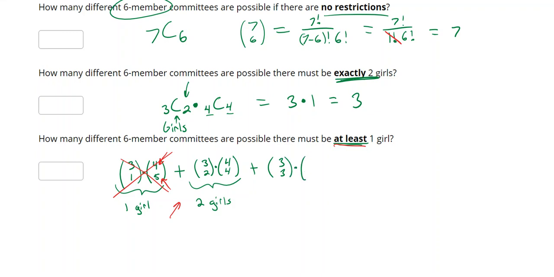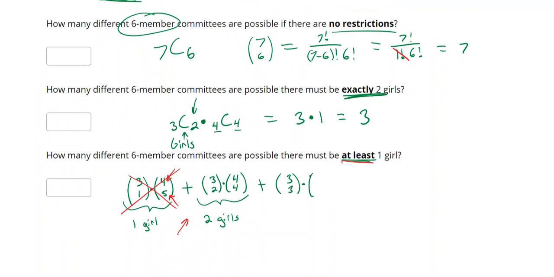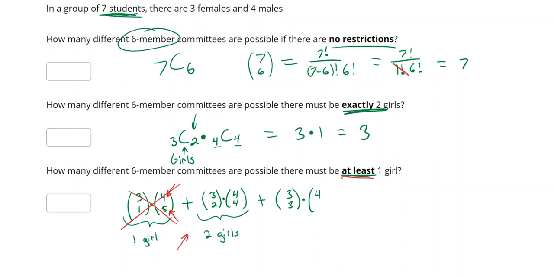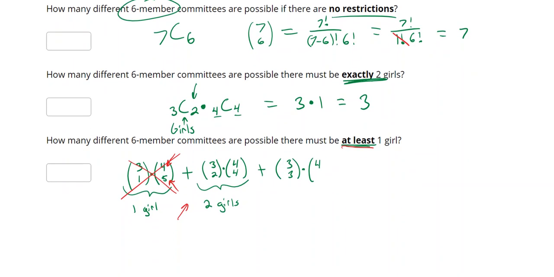And then multiply that by what's left here, of the 4 boys, we're going to choose 3. Okay, so that would be with 3 girls.